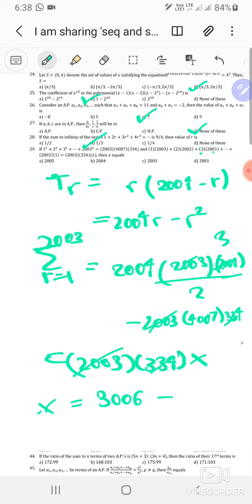So you have 2004 into r, that gives me this thing. So 3006, that 2003 gets cancelled, and 4007, and then 334, that also gets cancelled. Oh, come on, what is this value supposed to be? Minus r squared. Did we make some mistake once again?